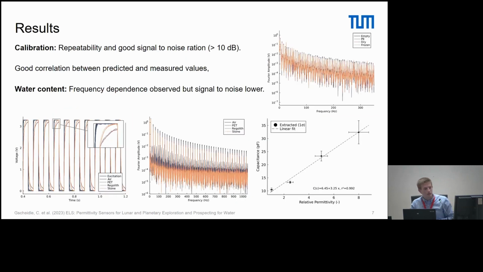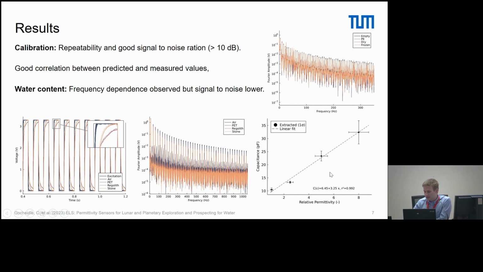Some basic results I want to show you here are how these curves look. If you look at the curves down here, you can see that these are distinct for the different materials which we investigated, and also in the frequency spectrum. These peaks are very distinct, and there's quite a good signal to noise ratio between the background noise and our measurements, which are these multiples of the base frequency.